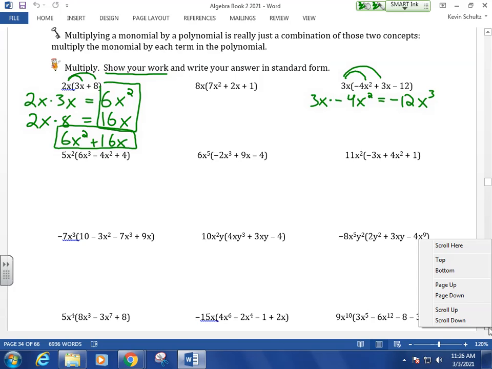Our next one, 3x times 3x gives us what? 9x squared, because we do have an x times an x there. And then 3x times a negative 12 is a negative 36x.